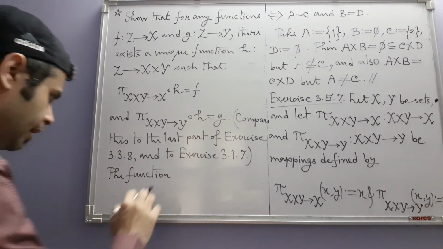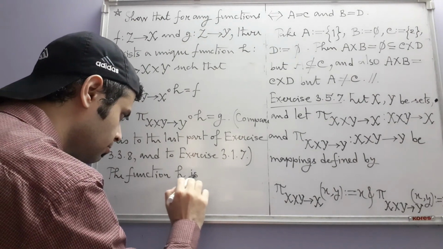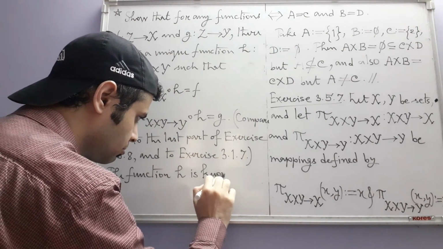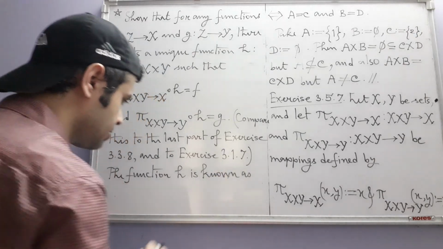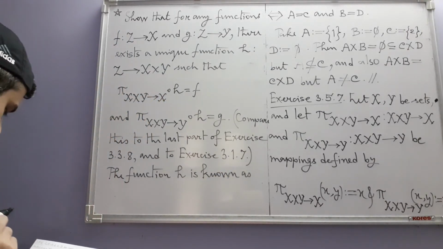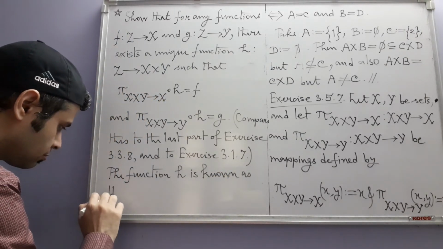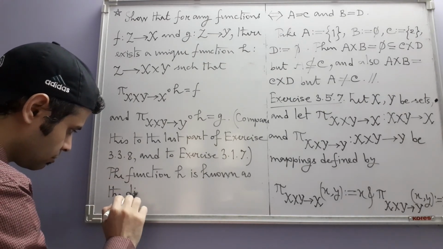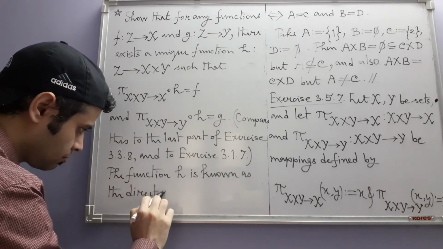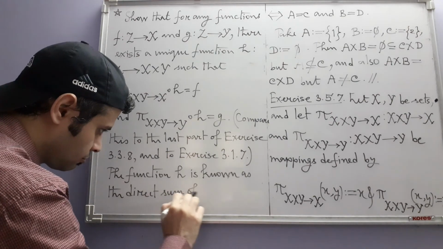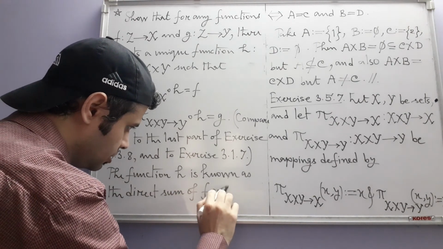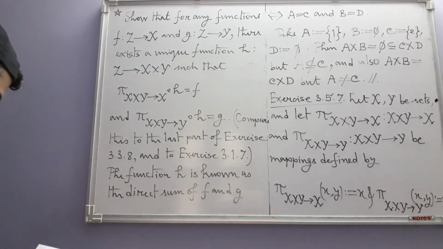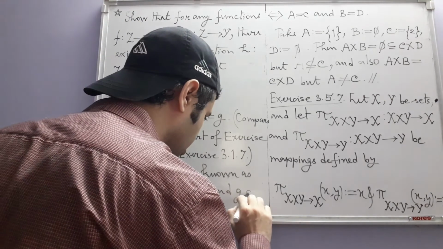The function h is known as the direct sum of f and g, and there is a symbol.